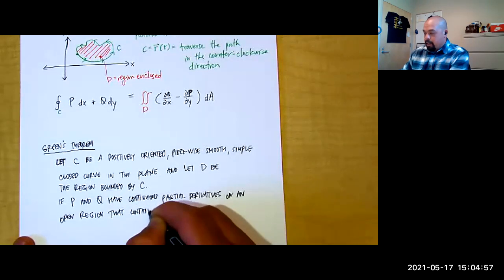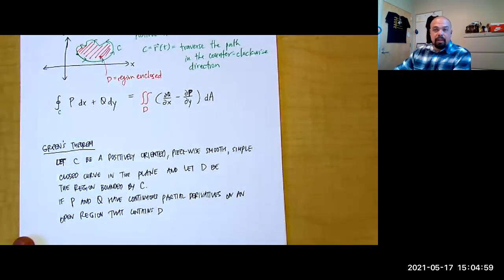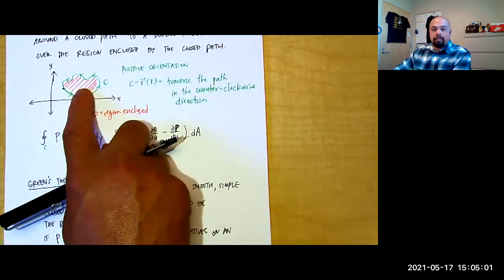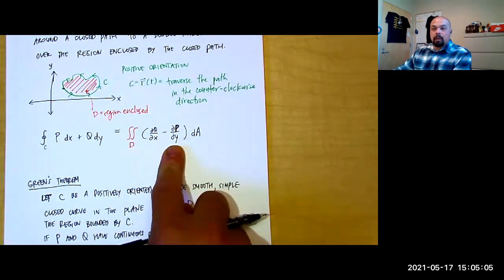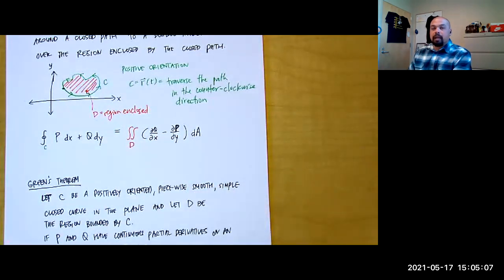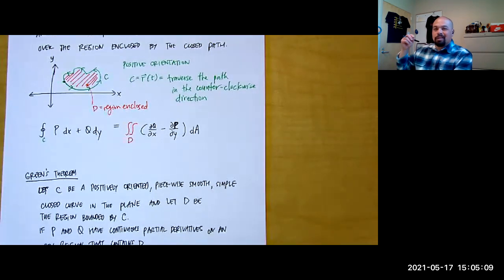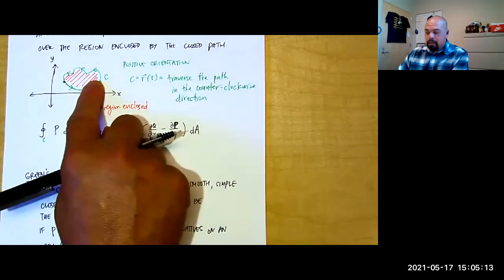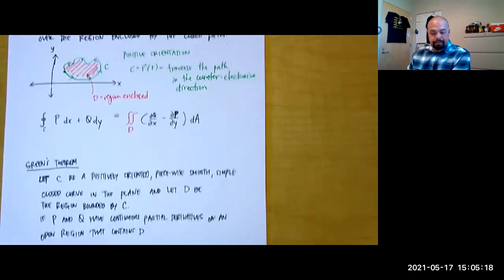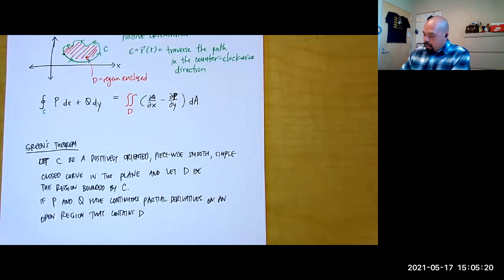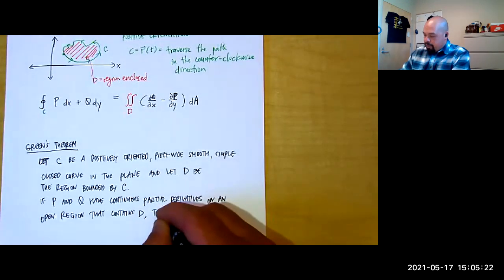Making sure that in the interior of our space, there's no points where these partials are going to be undefined, have asymptotes, have holes, right? Even in the interior of that space, our partials are continuous, okay?